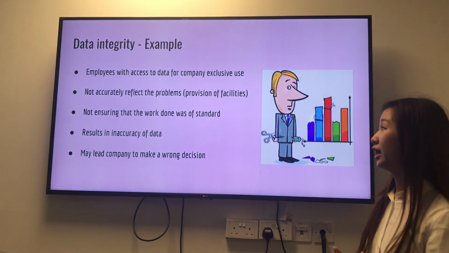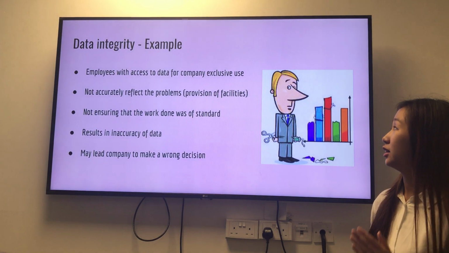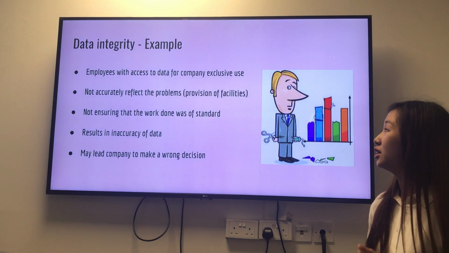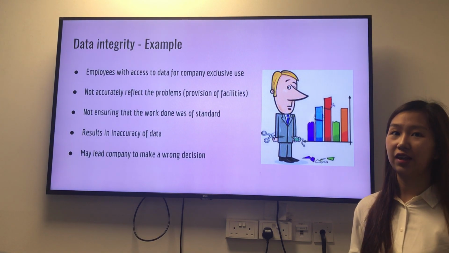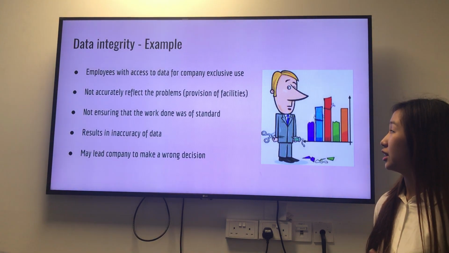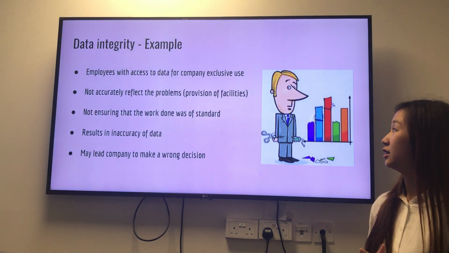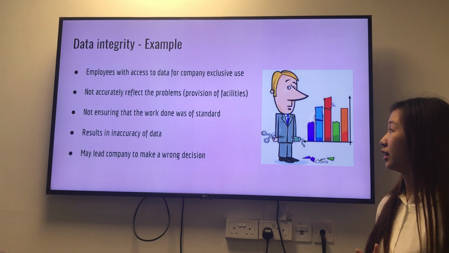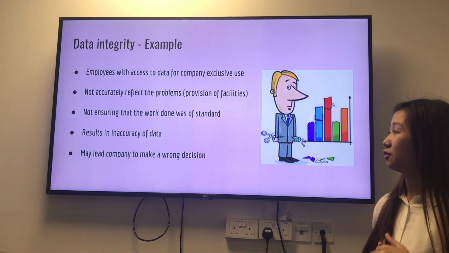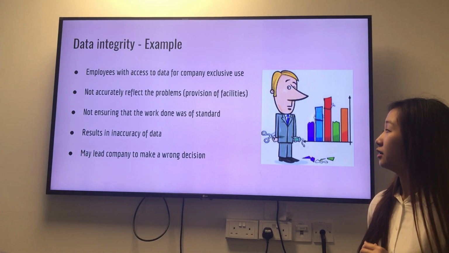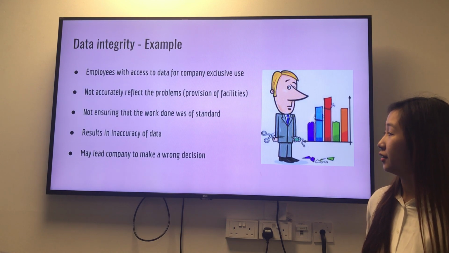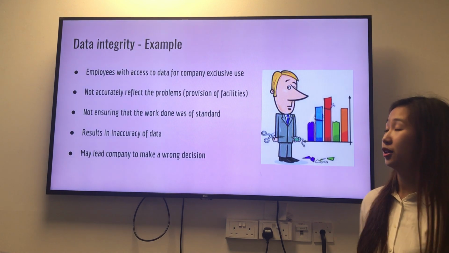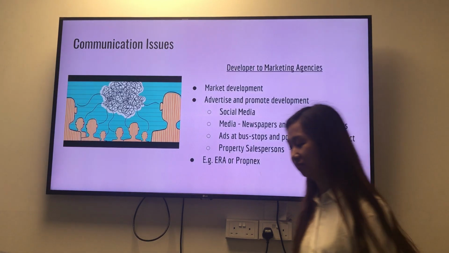Such an example would be when employees have access to data for the company's exclusive use, some may not accurately reflect the problems, such as the provision of facilities, as they may be responsible for not ensuring that the work done was of standard. Hence, they did not reflect the accurate data, which may lead the company to make a wrong decision.